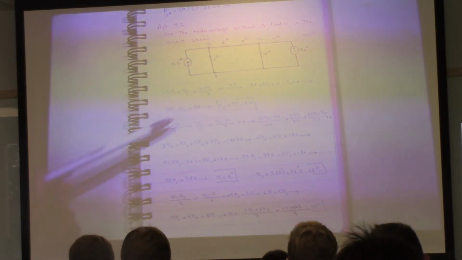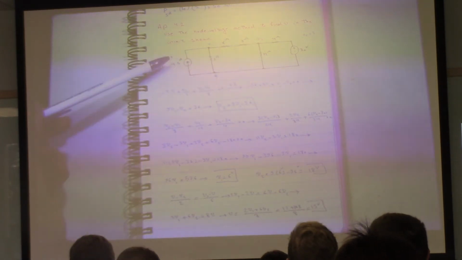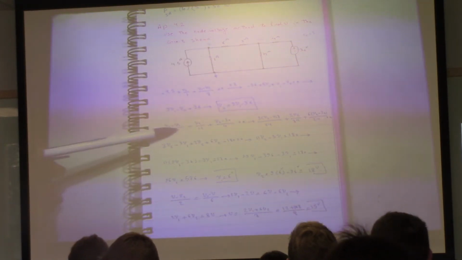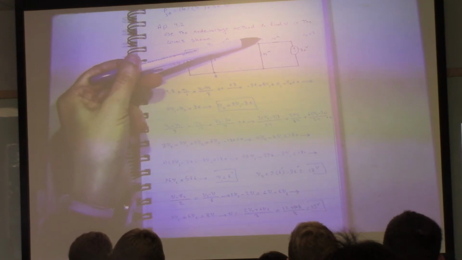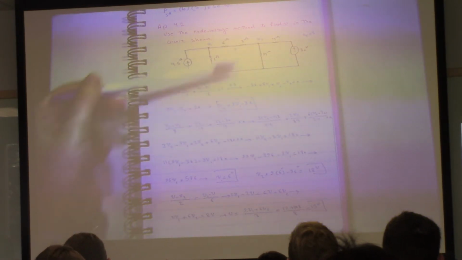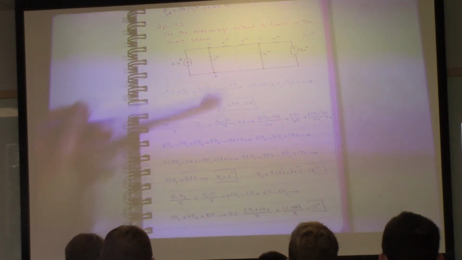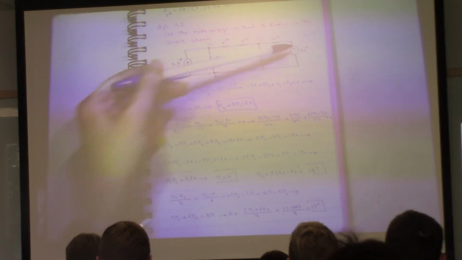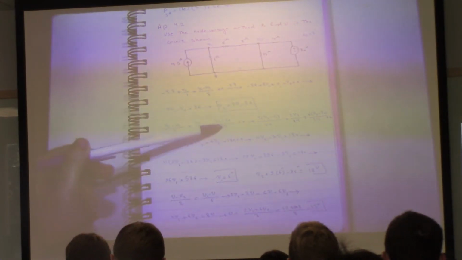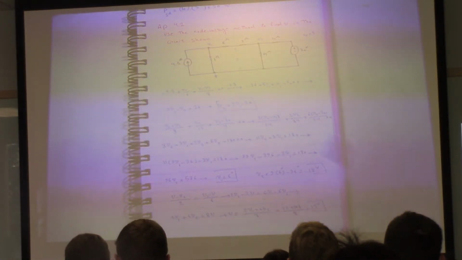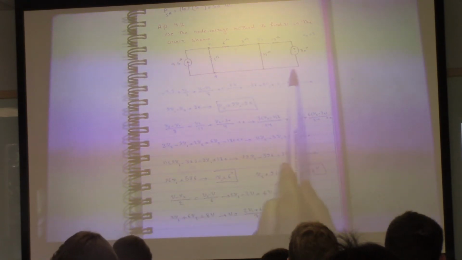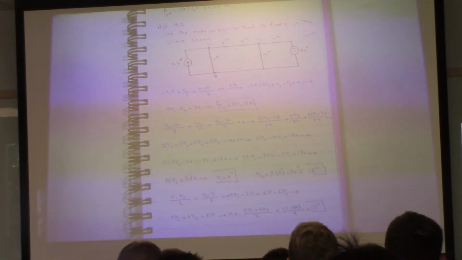For this node, (V2 minus V1) over 8 plus (V2 minus 0) over 12 plus (V2 minus 30) over 4 is the current for this part of the circuit.